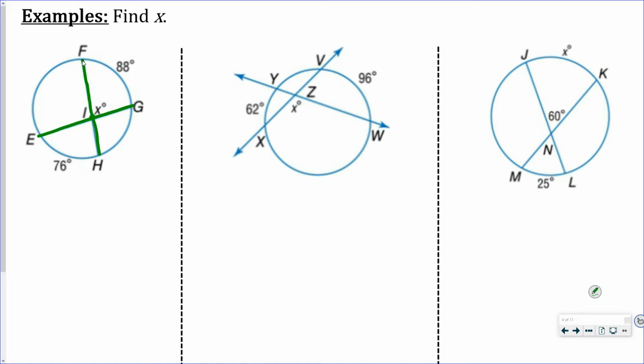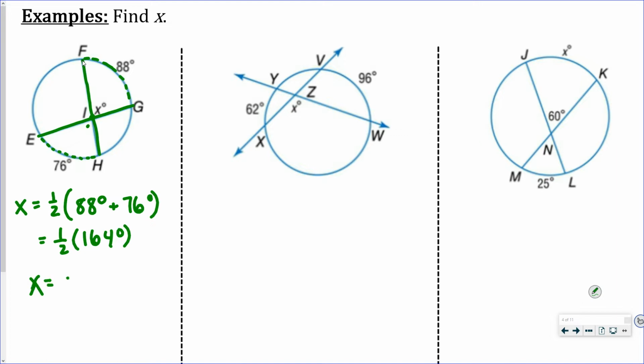That theorem says that inside angle is going to be 1/2 the sum of its intercepted arc, 88 degrees, sum means add, and the arc across from it, the arc formed by its vertical angle, which would be this angle. It's as easy as that. Order of operations: start in the parentheses, add those together, you get 164. Half of that, 82 degrees. Please make sure you're putting degree symbols when you're measuring angles and when you're measuring arcs.